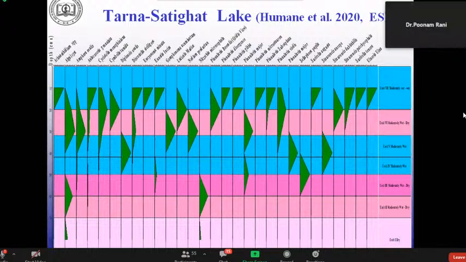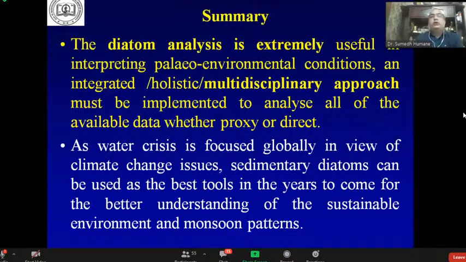So in summary, what I would like to say is that diatom analysis is extremely useful in interpreting paleo-environmental conditions, but you need to follow an integrated multidisciplinary approach, and it must be used to analyze all of the available data. It could be the proxy data or the direct data.